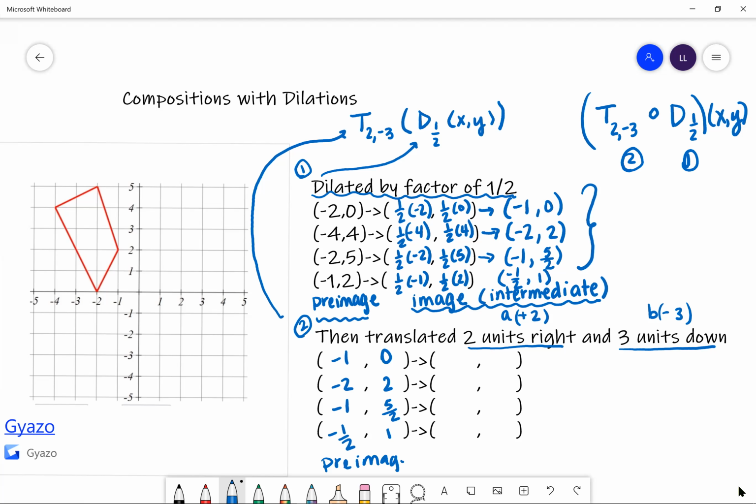And we're going to perform the rule on that by translating it 2 units to the right and 3 units down. So we're going to say -1 plus 2. That means we're going to add 2 to all the x coordinates, and then we're going to subtract 3 from all the y coordinates.